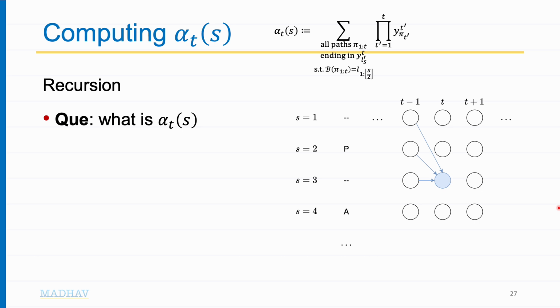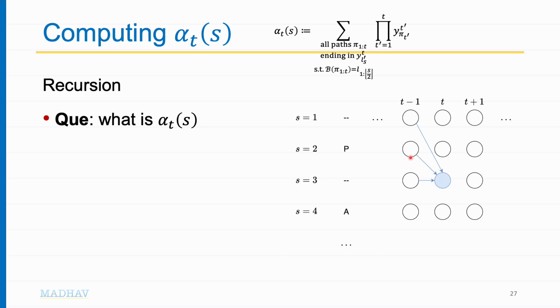Now tell me in this example, you have a blank here. What is the alpha st at this node if you know alpha st minus 1 at all the nodes here? S minus 2 node should not appear because the transition from blank to blank is not allowed because you will skip the p altogether.